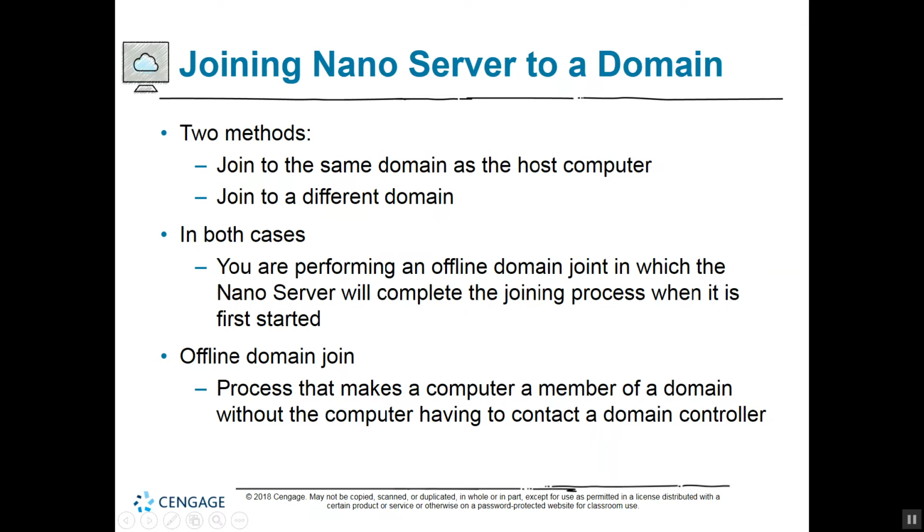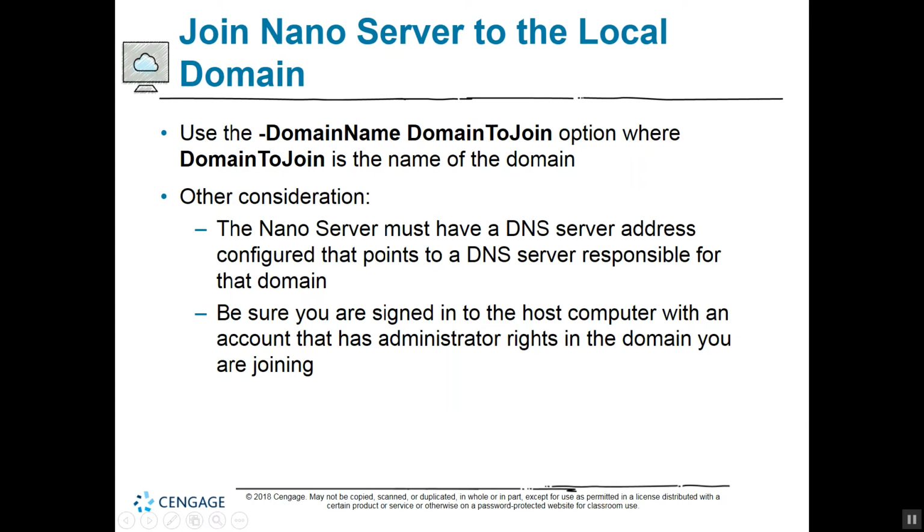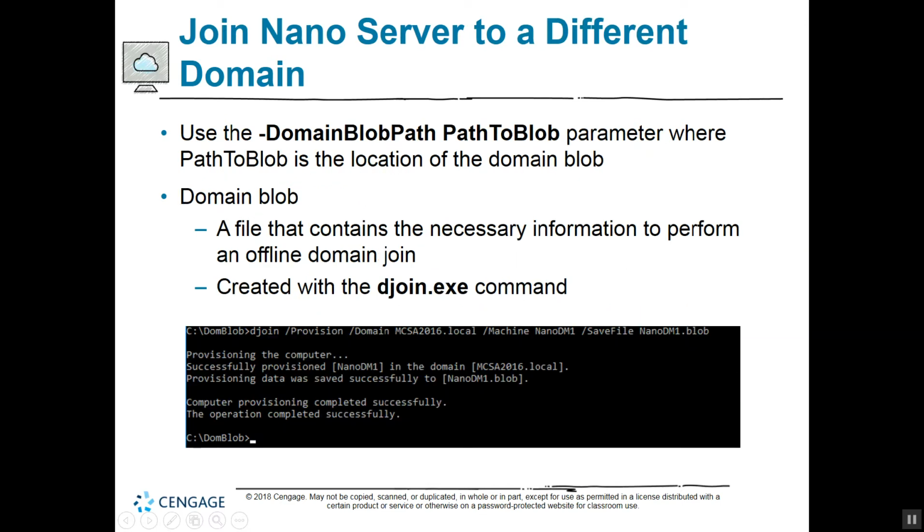Offline domain join is a process that makes a computer a member of a domain without the computer having to contact the domain controller. Now we go ahead and use the cmdlet with the DomainName and DomainToJoin option, where that's the name of the domain that we're going to join. Okay, there we go. It's all laid out there.